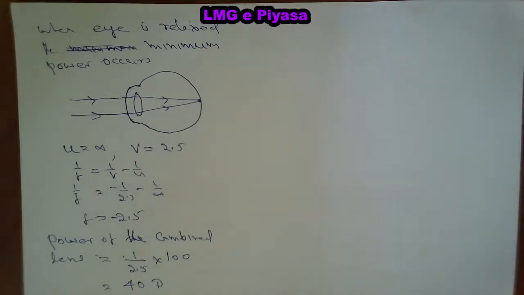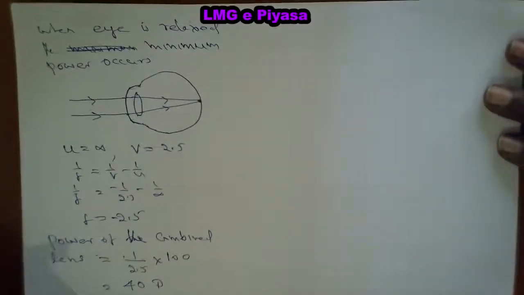That means our eye sets for parallel rays, which meet at the retina. Therefore, the power of the combined lens is 1 over 2.5 into 100, 40 diopters. So these are the answers for part C.